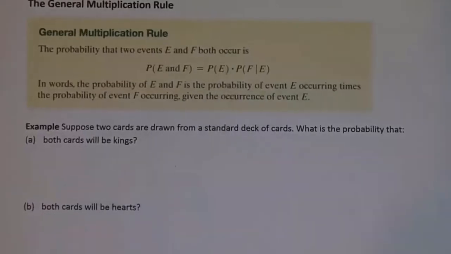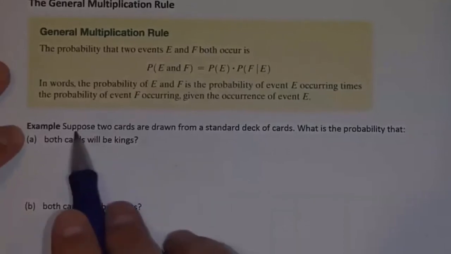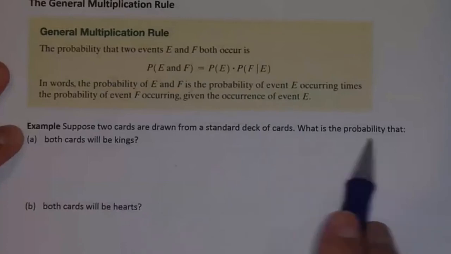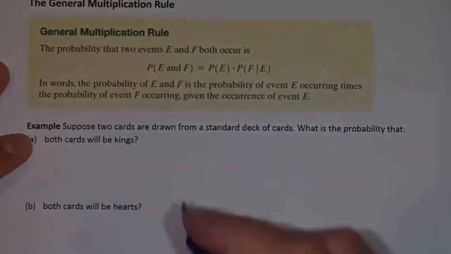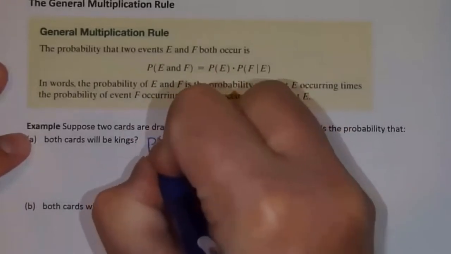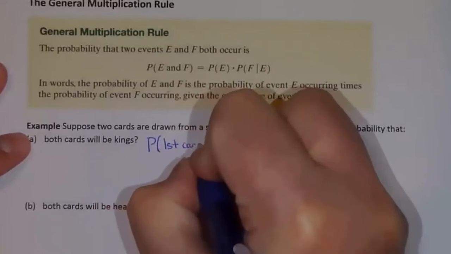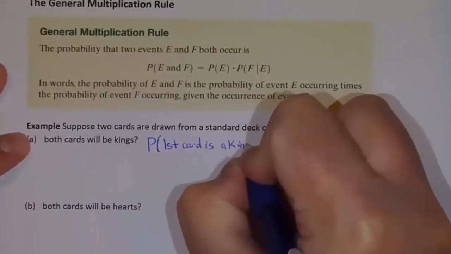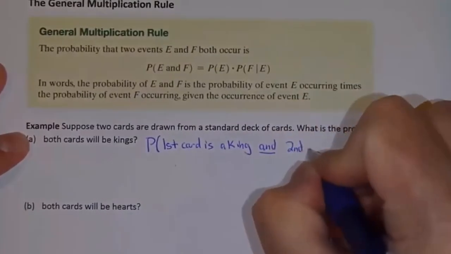An example will help make that make a little more sense. Suppose two cards are drawn from a standard deck of cards. What is the probability that both cards will be kings? So I'm drawing two cards. What's the probability that the first card is a king and the second card is a king?